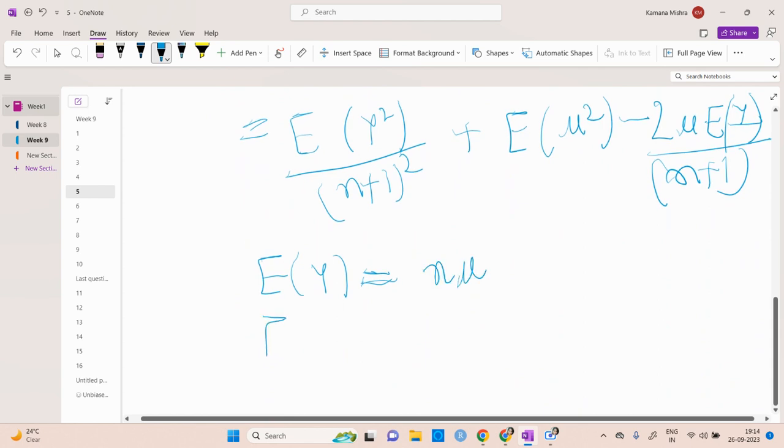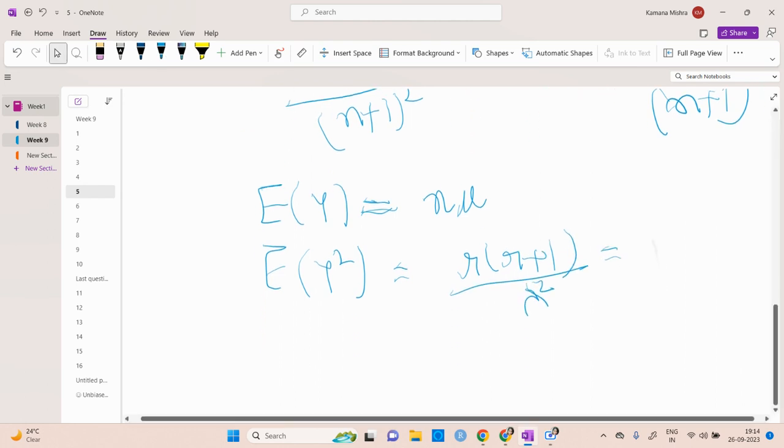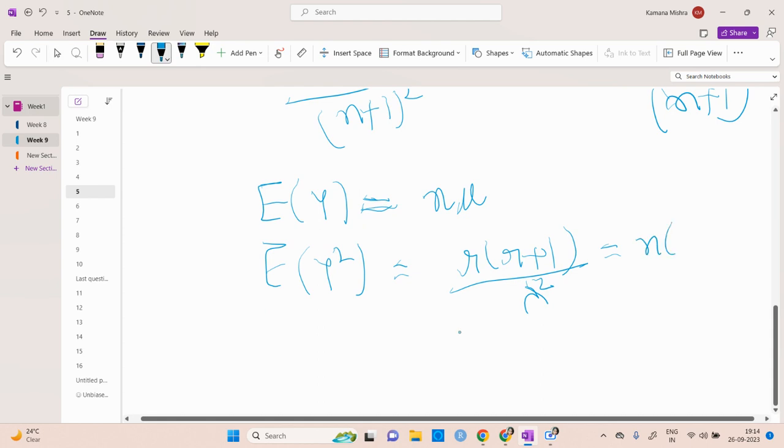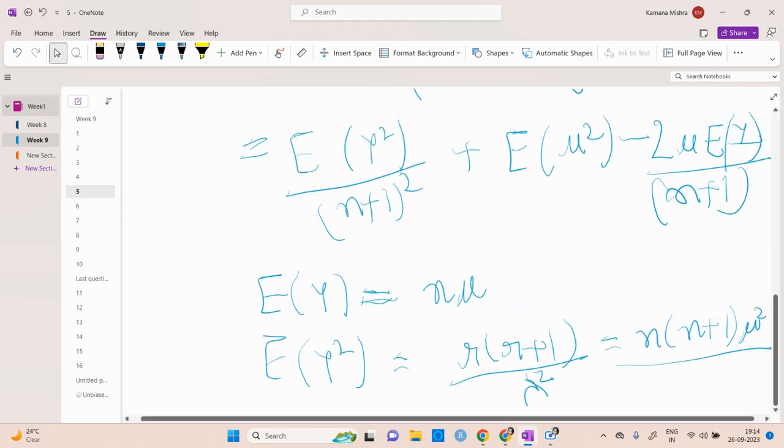And then expectation of y square, we have also seen, is r into r plus 1 divided by lambda square. So r is n, so it is n into n plus 1, and this is mu square. Okay, so now we know this and this.